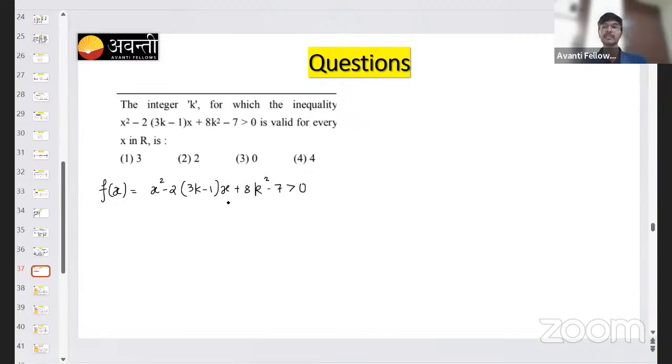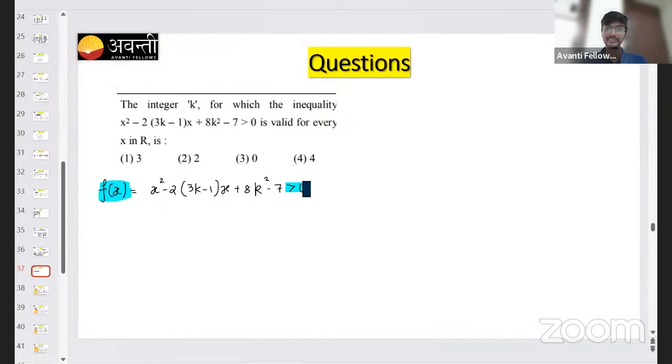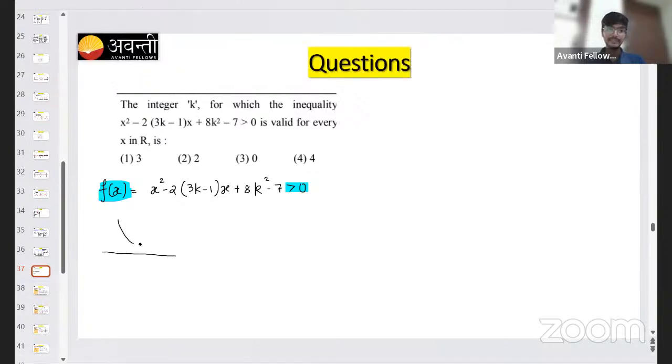राइट? सो एक क्वाड्रेटिक एक्सप्रेशन हमेशा 0 से ज्यादा है. So do you remember this condition? Which condition? This one. ये हम लोगों ने लिखा था f of x is greater than 0 और लीडिंग कोएफिशिएंट क्या है? पॉजिटिव. 1 है ना, तो लीडिंग कोएफिशिएंट पॉजिटिव. सो ग्राफ कौन सा पॉसिबल है? ये वाला, क्योंकि f of x हमेशा x axis के ऊपर है.